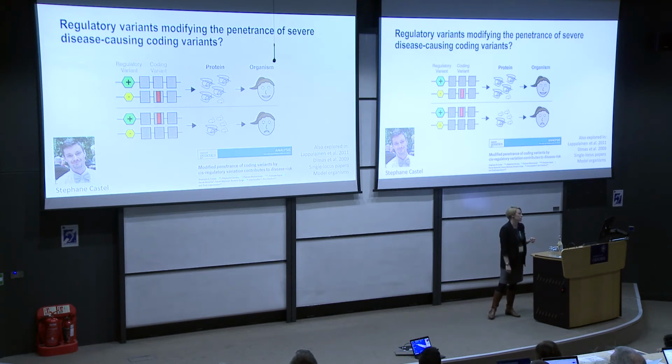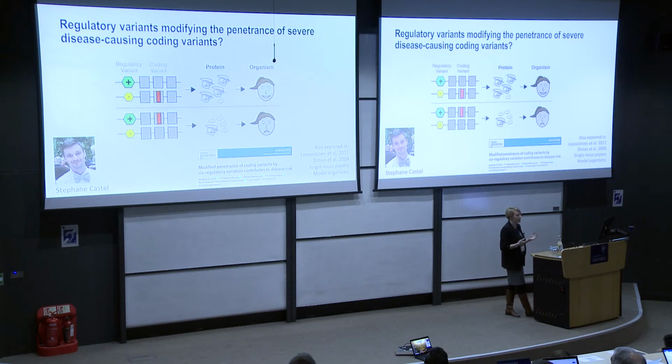You may have a situation where an individual, like the one shown on top, has a cis-regulatory allele that leads to higher expression of the healthy haplotype of that gene, leading to a higher dosage of functional protein product and a better phenotypic outcome than in the opposite case, where that loss-of-function coding variant is paired with a lower expressing regulatory haplotype, leading to a lower protein dosage and higher penetrance.